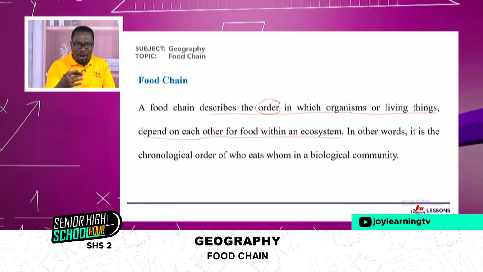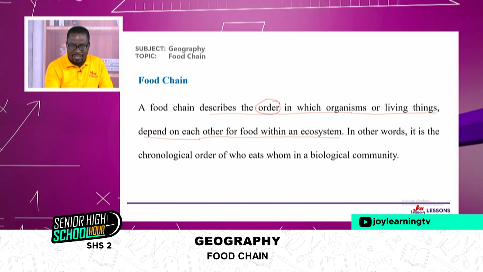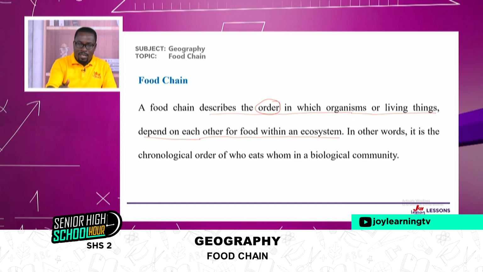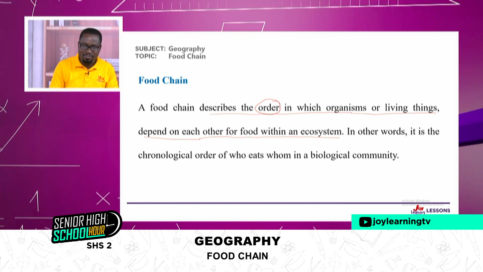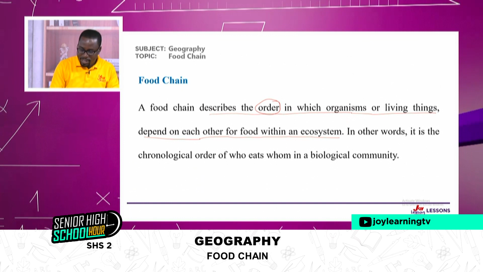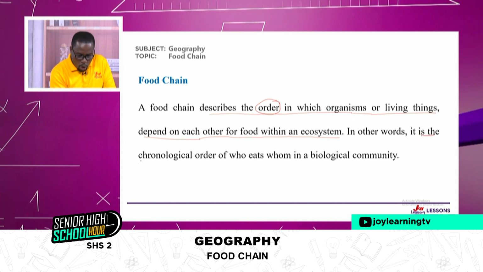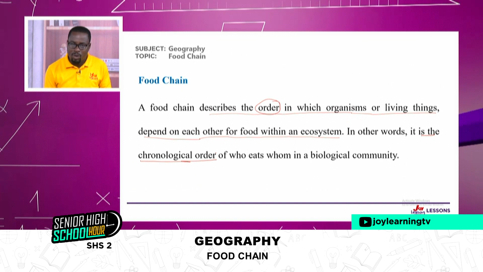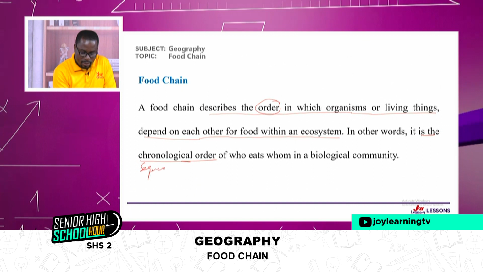So, as you are watching me now, how do you depend on someone or something in your environment for you to survive? Now, in other words, a food chain is the chronological order. Don't be afraid. Chronological is not that big a word. As in the sequential order, in sequence.